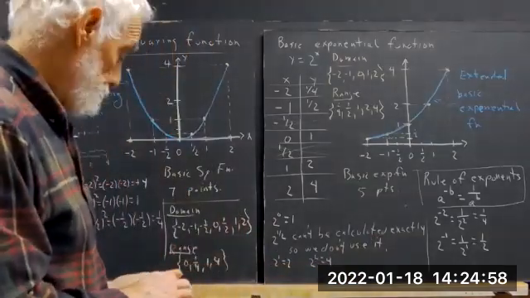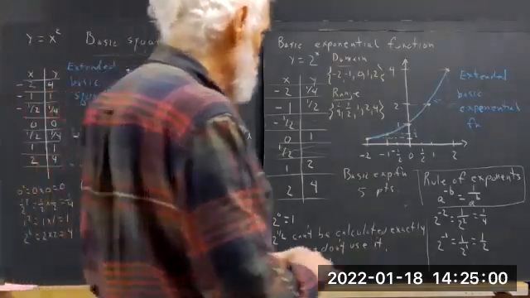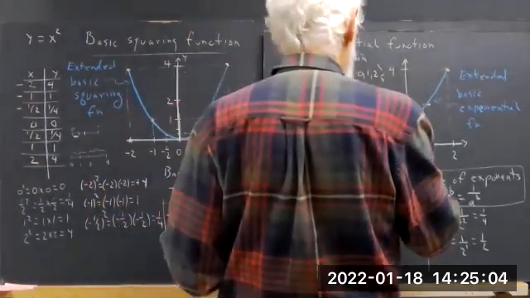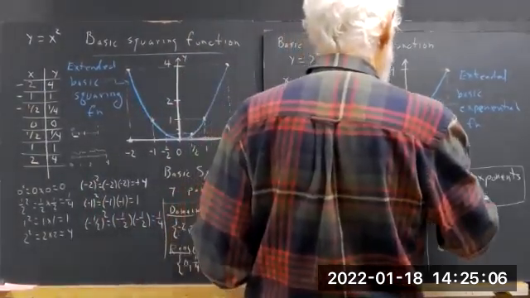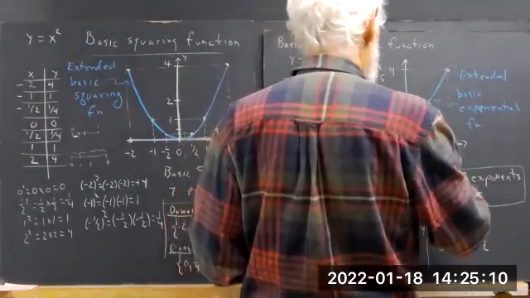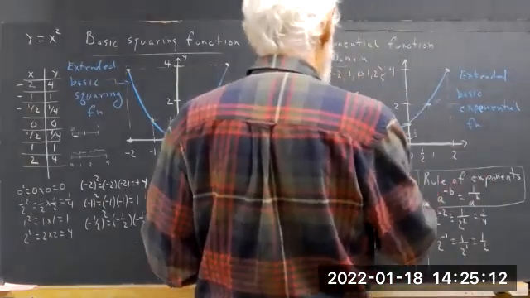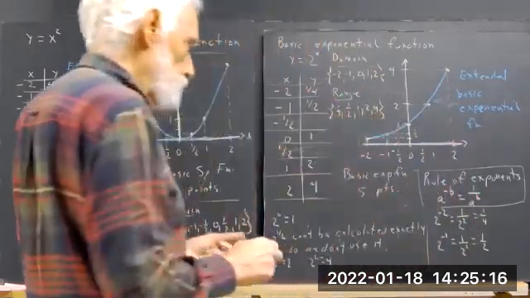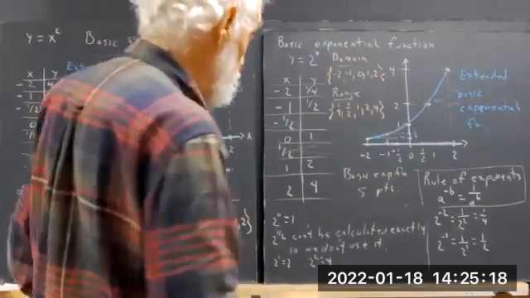Okay. And the basic exponential function similarly turns out to have exactly the same domain and range. Extended basic exponential function. The domain is the interval of the x-axis from -2 to 2, including -2 and 2.